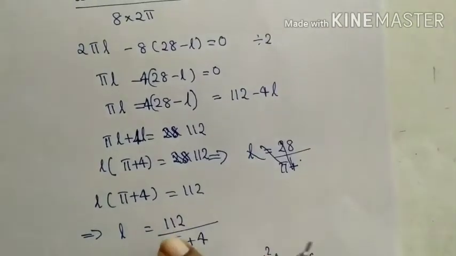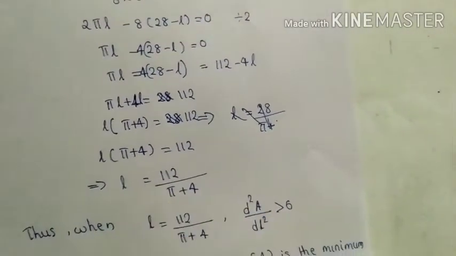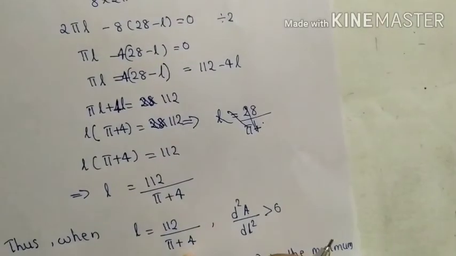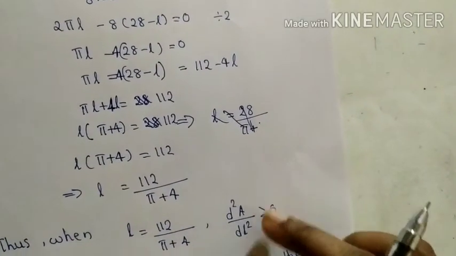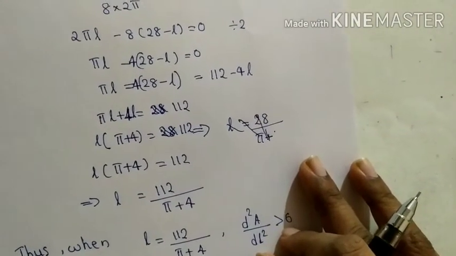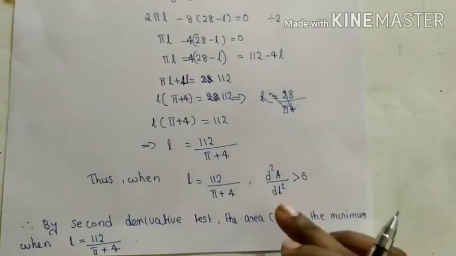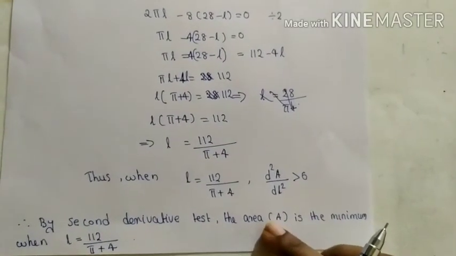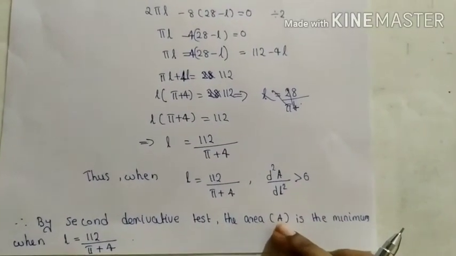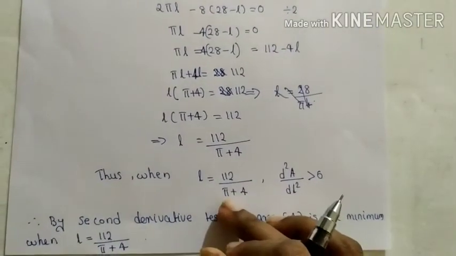This is the critical point. When L equals 112 by pi plus 4, d square A by dL square is greater than 0, that is, a minimum. So by the second derivative test, the combined area A is minimum when L equals 112 by pi plus 4.